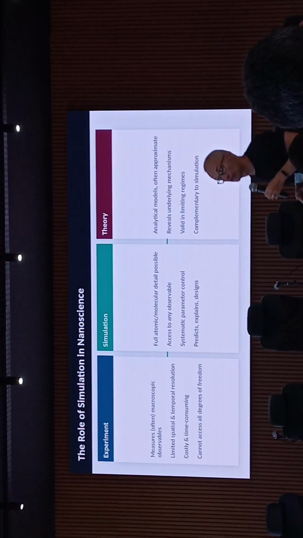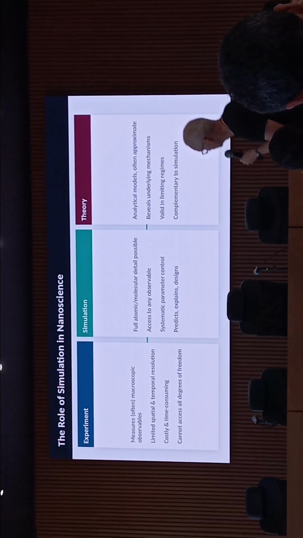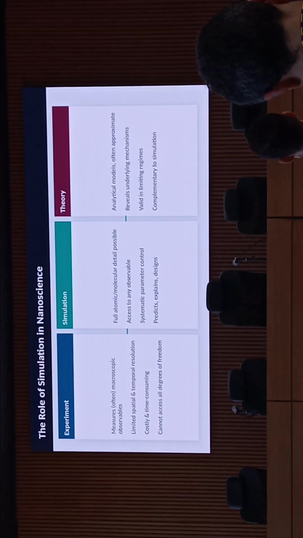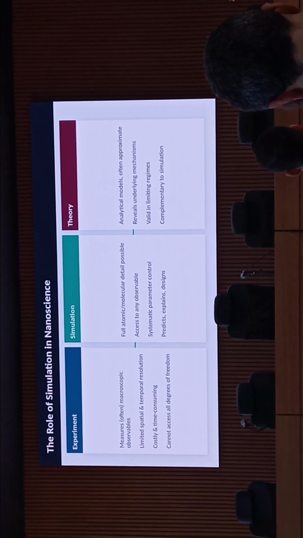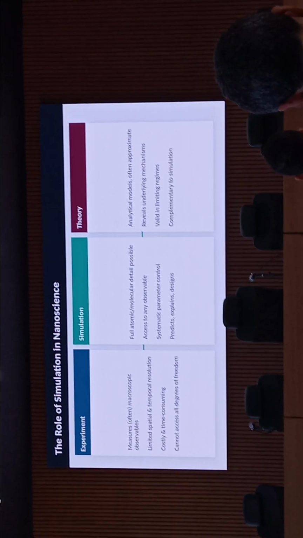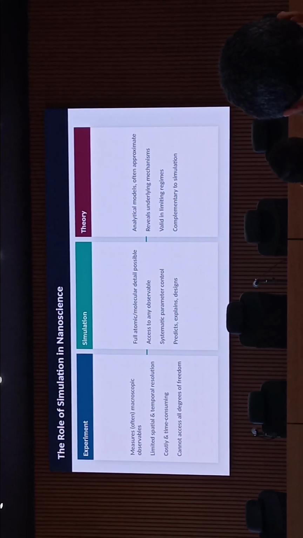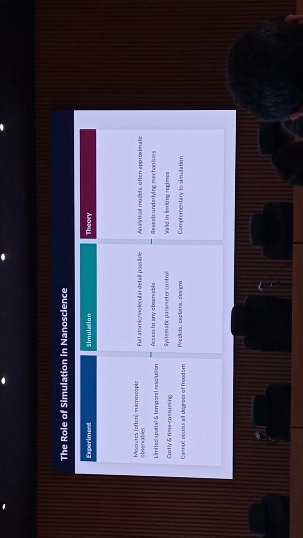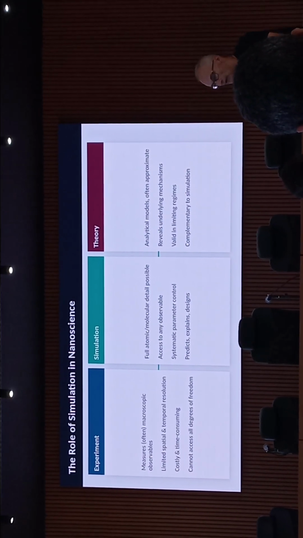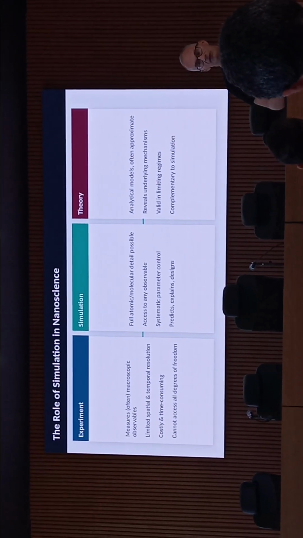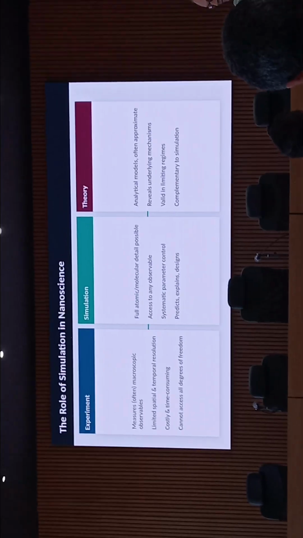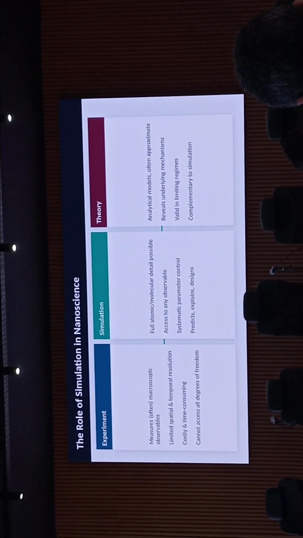Experiments are costly, time-consuming, and in general, you cannot access all degrees of freedom. And with that, you would like to have a microscopic representation of the experimental system. You have full detail, you have access to any observable, and you can control many parameters. And if you have enough time and enough computer power, you can also sweep across all these parameters.